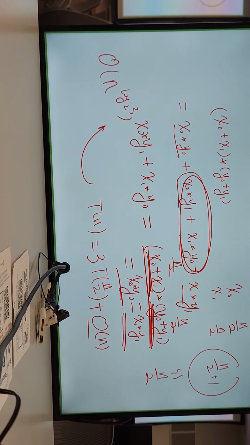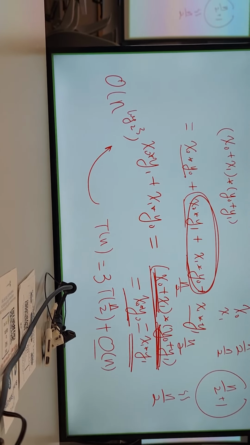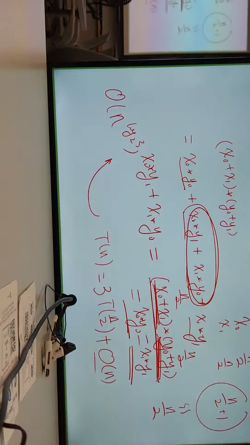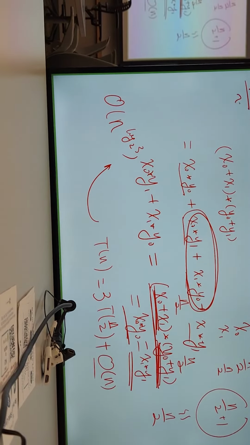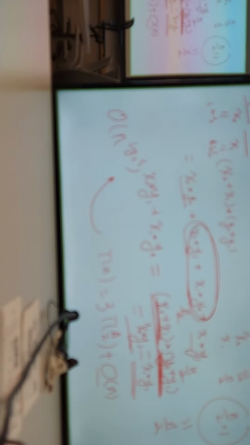Could you give an example of what x0 and x1 would be? Well, it's just the first half of the digits. If you're talking about 123456, then x0 would be 123 and x1 would be 456. What if it was a single digit?